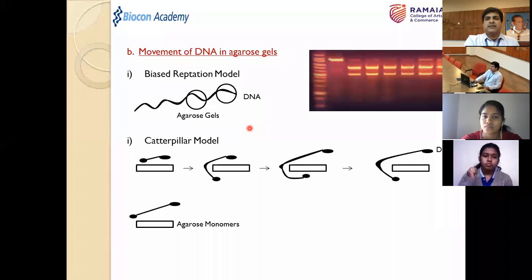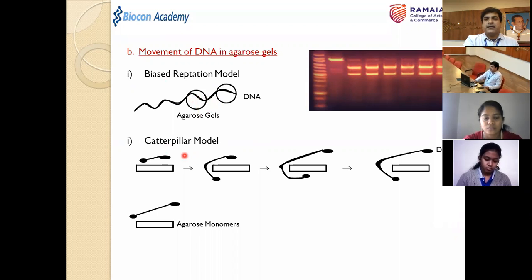Now, how does DNA move during agarose gel electrophoresis? Two models were proposed for how DNA moves across during electrophoresis. One is biased reptation. Repta means something like reptile, a snake-like movement. DNA is moving through the agarose gel pores. Another theory proposed is the caterpillar model.